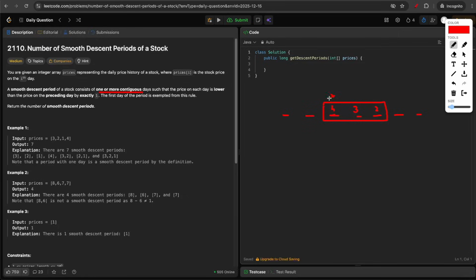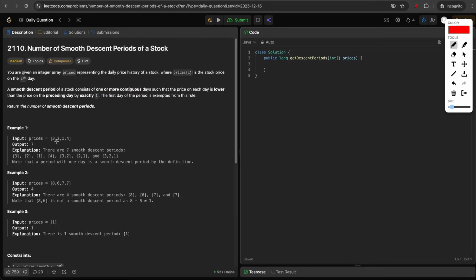So for the first day, you won't check the rule. Now for the second day, the price is exactly one less than the previous day. And for this as well, the price of the stock is exactly one less than the previous day. So this contiguous block is a smooth descent period of the stock. So at the end, you just have to count the number of smooth descent periods.